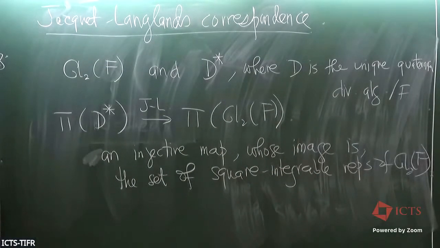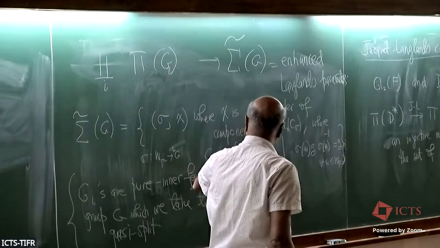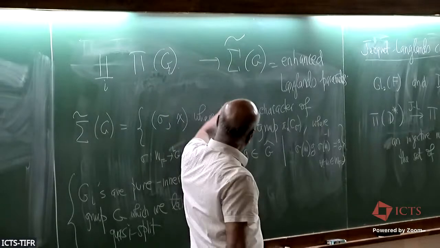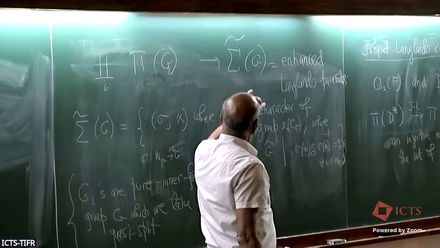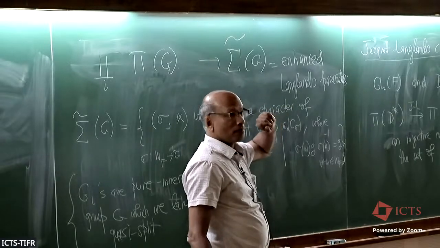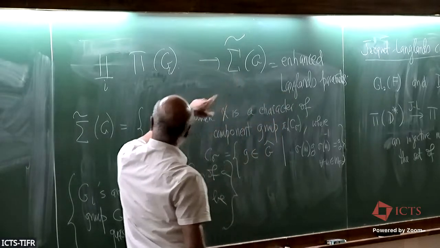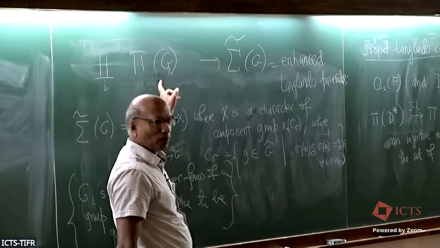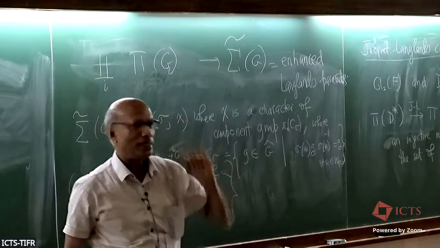So this centralizer in the case of PGL2, for which the dual group is SL2, is plus minus 1. And therefore, this enhancing that one is talking about will consist of a parameter sigma comma plus minus 1. Sigma comma plus will go to PGL2, sigma comma minus 1 will go to PD star. And that's the bijection we are talking about.